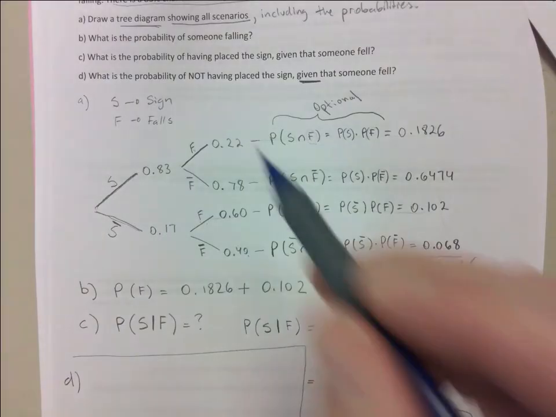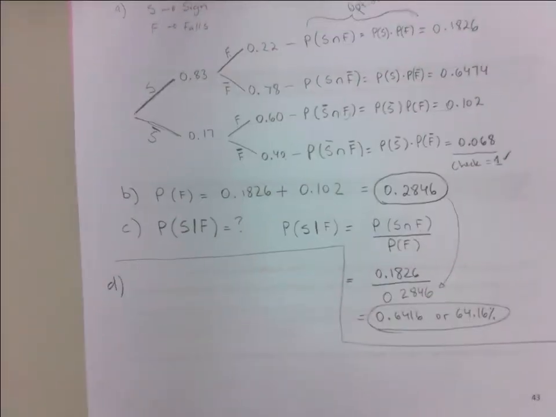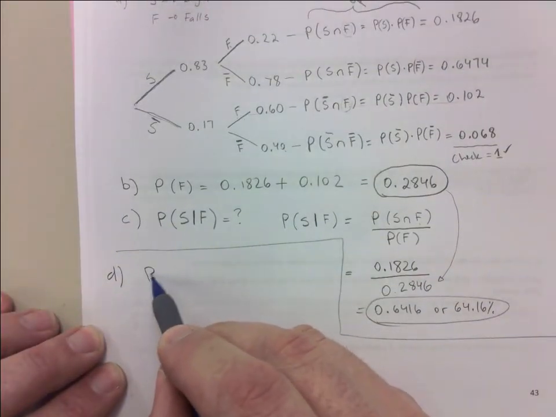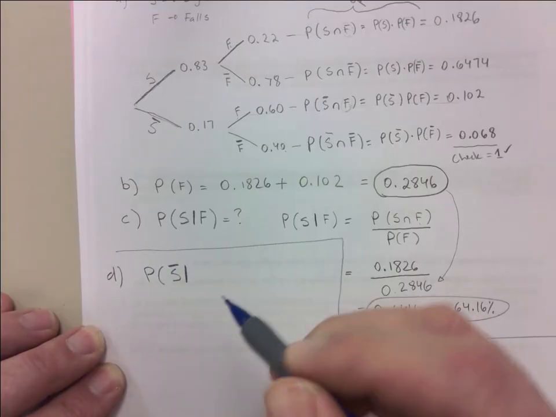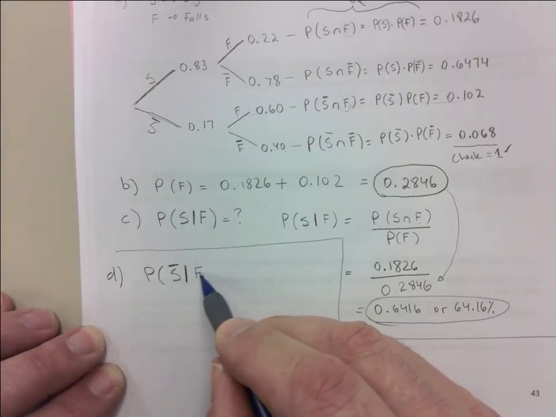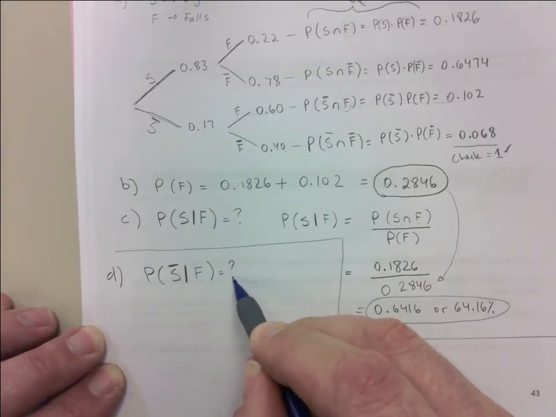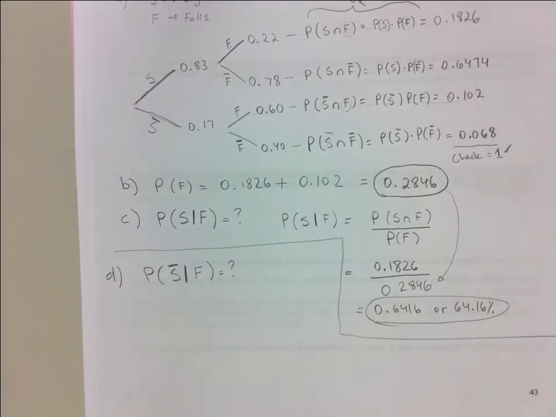So in this case, it's asking for the probability of not having placed the sign given that someone fell. That's what the question is asking for.